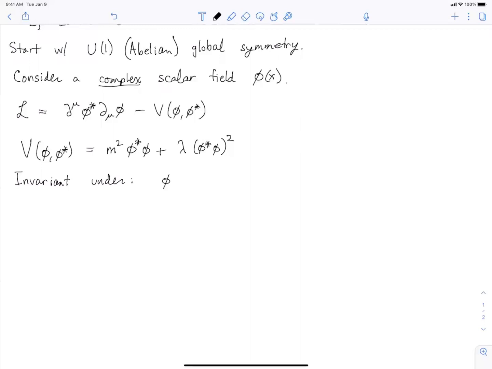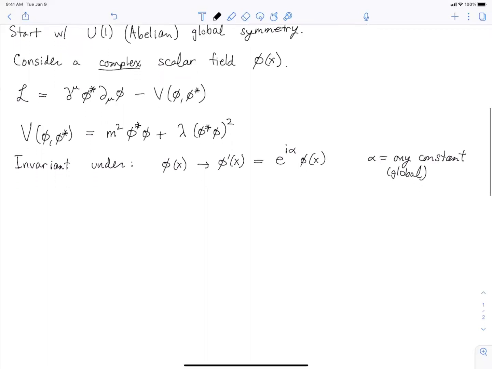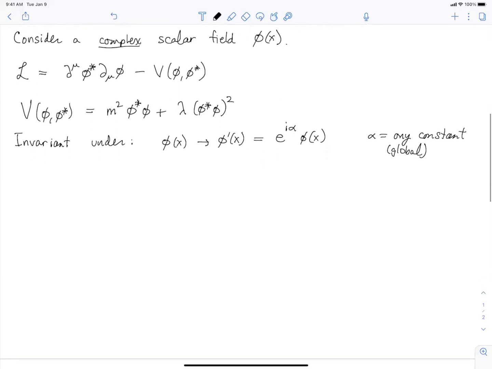If I take phi and replace it by phi prime, where prime does not mean derivative here, phi prime is e^{iα} φ, where alpha is any constant. And it's important that it's a constant. That's what makes this a global symmetry, as opposed to something where alpha may depend on position as well.